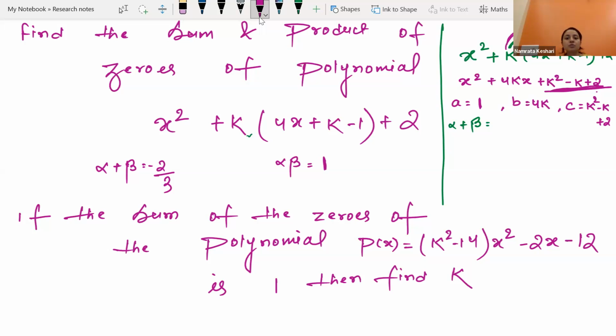Now sum of the roots, product of the roots, it's very simple, right? Everyone getting it? In this question, if I add one more instruction, that the sum of the roots is maybe the number 5 and the product of the roots is the number 6, then you will also be able to find the value of k, right?